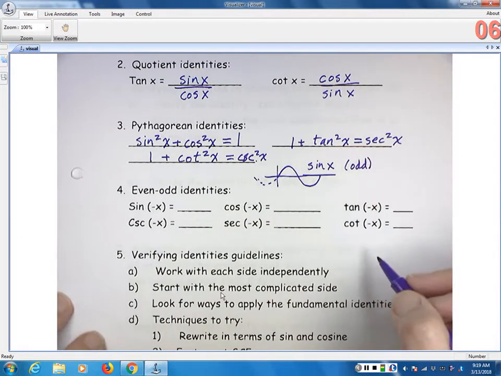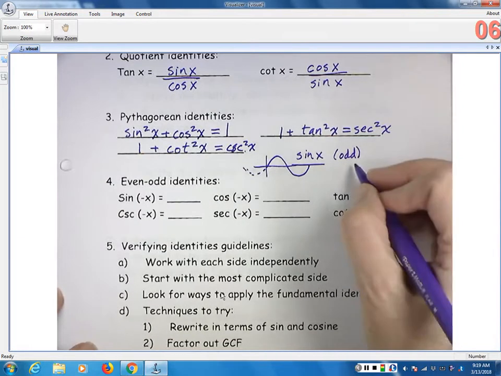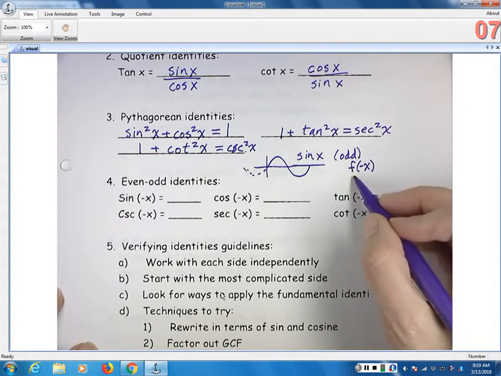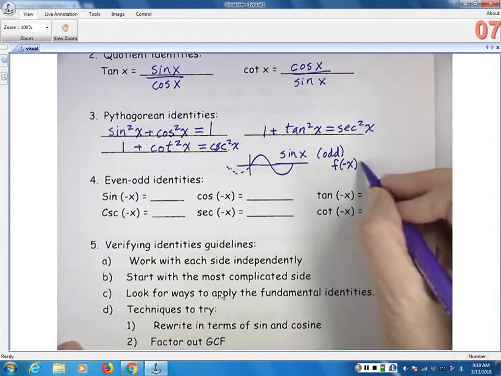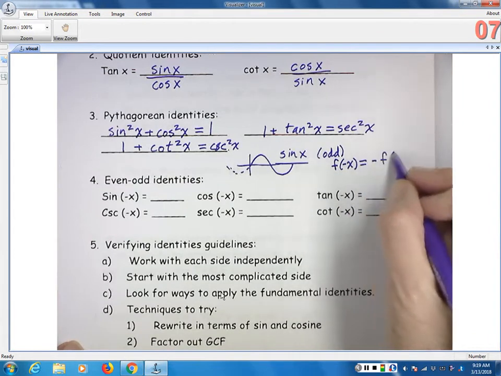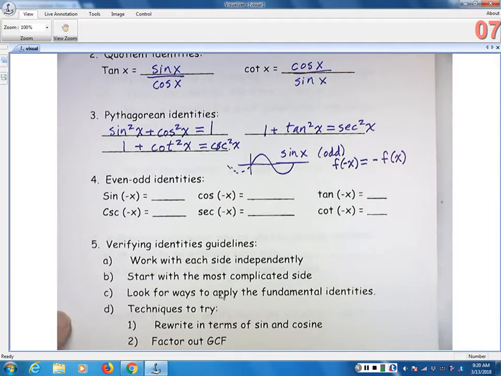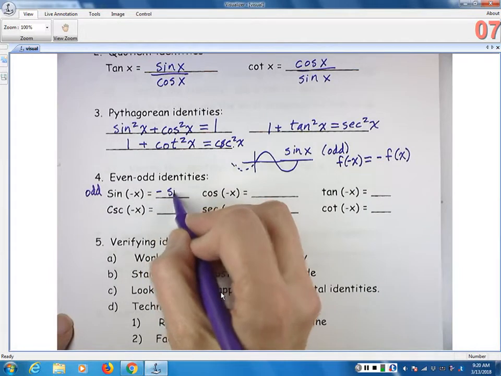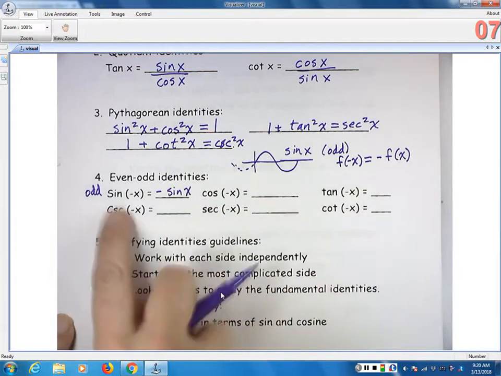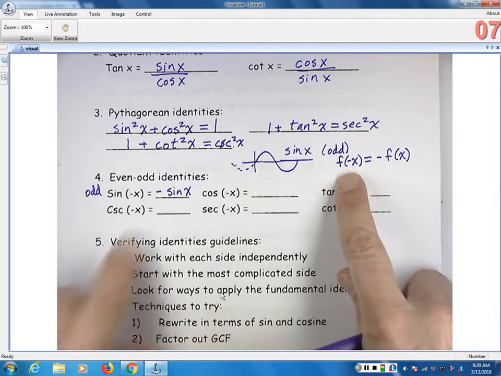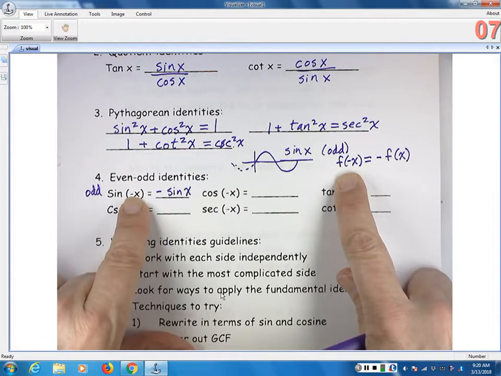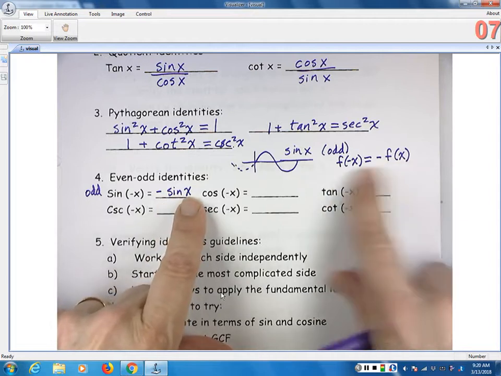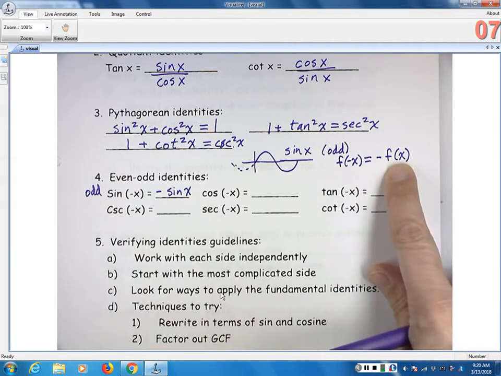From Math 1710, for an odd function, f of negative x equals the opposite of f of x. That's the definition. Because sine is odd, sine of negative x equals minus sine of x. I just applied this property to the sine function.